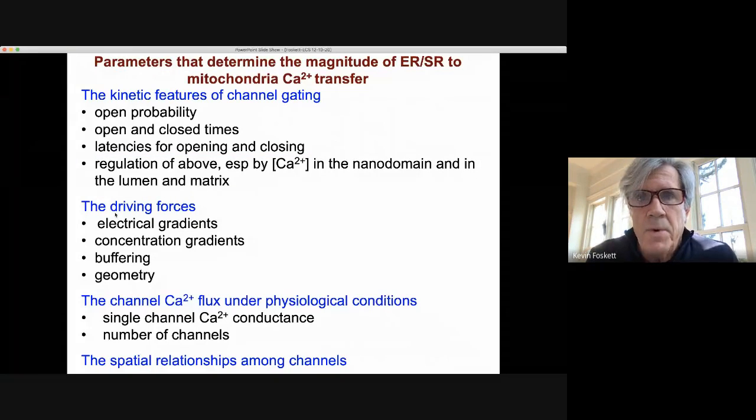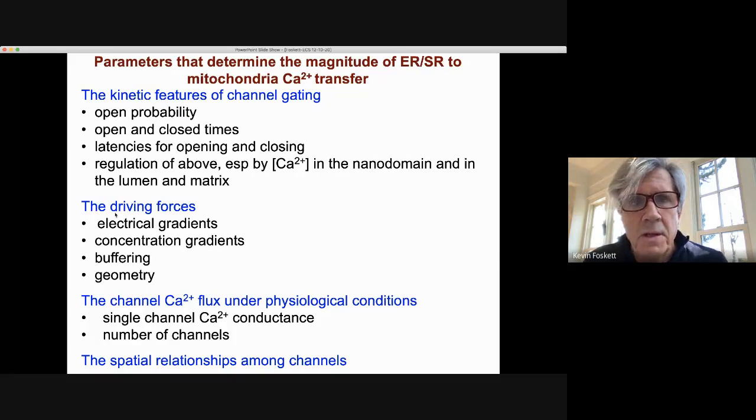Here are some of the parameters that determine the magnitude of the endoplasmic reticulum to mitochondrial calcium transfer. We're talking about two ion channels, the IP3 receptor and the MCU ion channel. So the kinetic features, the channel gating, and there are a number of features associated with that. The thermodynamic driving forces, including buffering and the geometry of those contact sites.